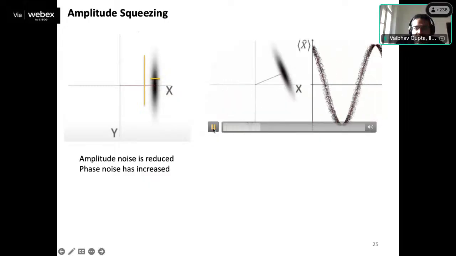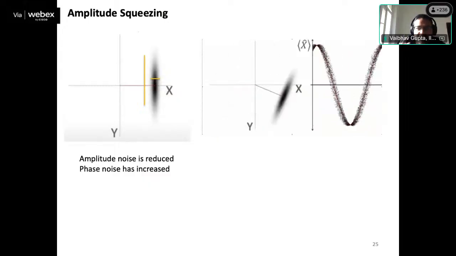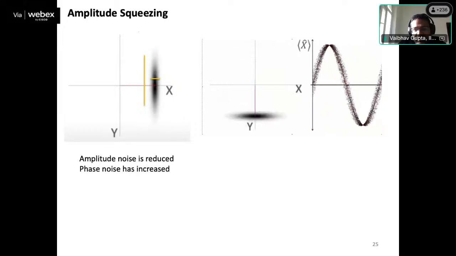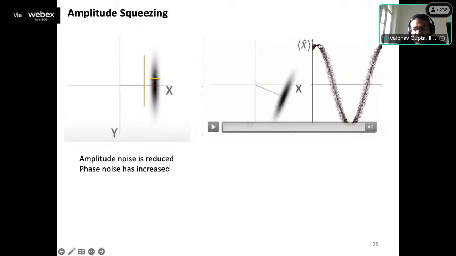If I have created a wave like this, then at this point very precisely you could say what the amplitude is. But you cannot say whether the phase is this much, or this much, or this complete thing. Like, what is the phase? So the phase becomes uncertain, and that is called amplitude squeezed light.